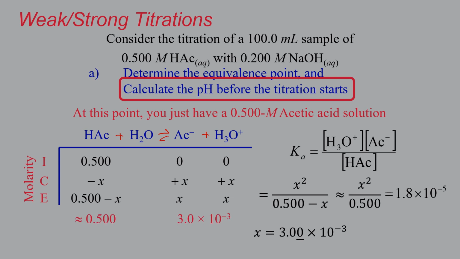So those are our acetate and hydronium concentrations. The initial concentration didn't change by 5%, it changed by just a few percent, so no big deal. And that gives us a pH of about 2.52 to start with. All right, and now onto the actual titration.